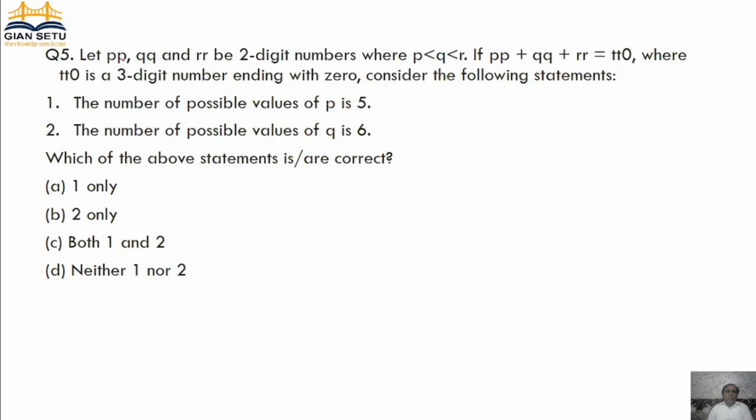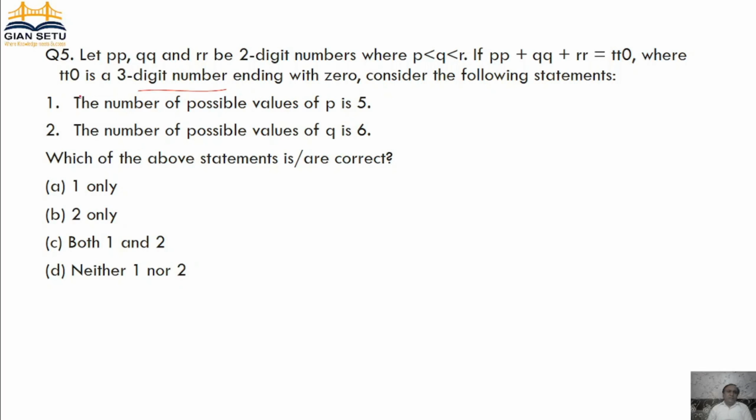Let PP, QQ and RR be two-digit numbers where P is less than Q, less than R. Again, if PP plus QQ plus RR is equal to TT0, where TT0 is a three-digit number ending with 0. Consider the following statements.